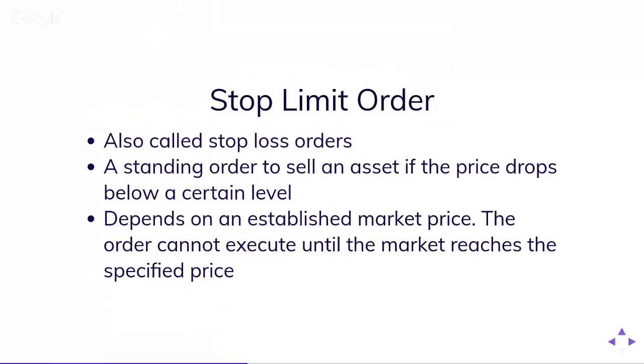You don't want to sell your barrel of oil until it drops to that price. So stop limit orders are only fillable on the condition that the market price has dropped to a certain level. That necessitates a concept of an established market price that people agree is the current market price of whatever commodity you're trying to buy and sell.